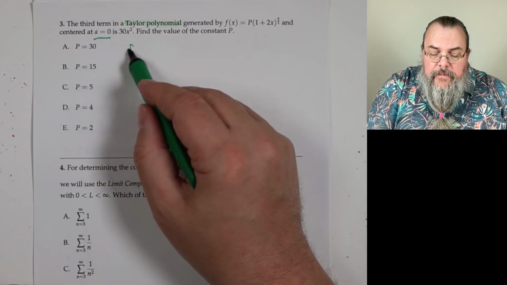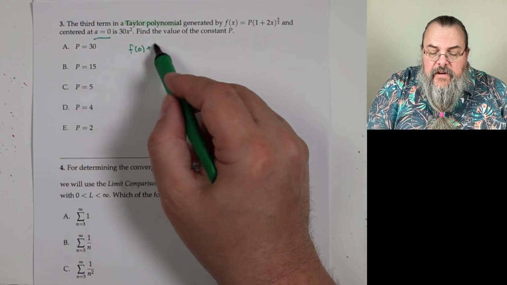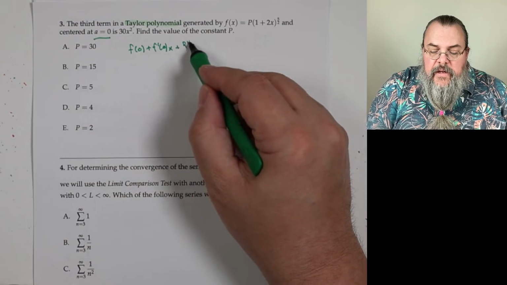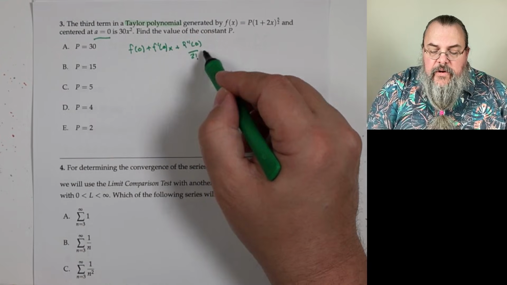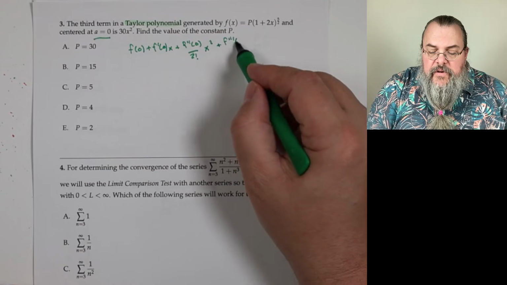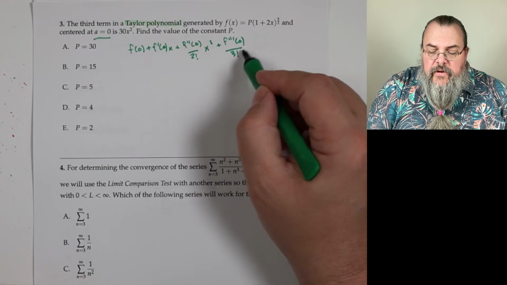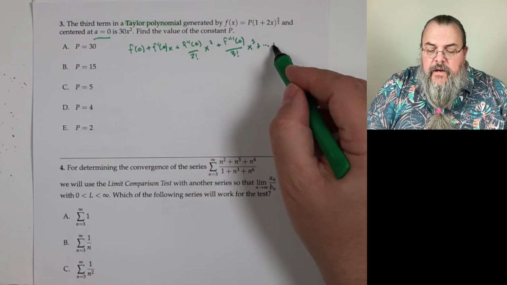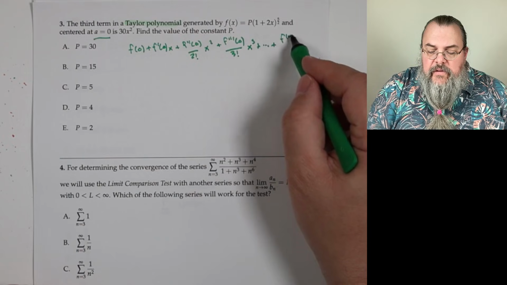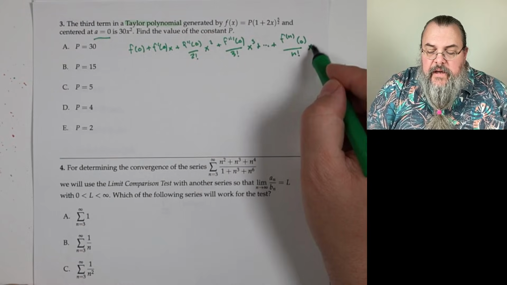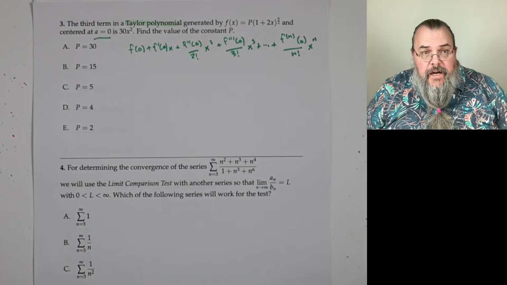We'd look like f of 0 plus f prime of 0 x plus f double prime of 0 over 2 factorial x squared plus f triple prime of 0 over 3 factorial x cubed, and we keep going all the way up to the nth derivative at 0 over n factorial x to the n. We stop.